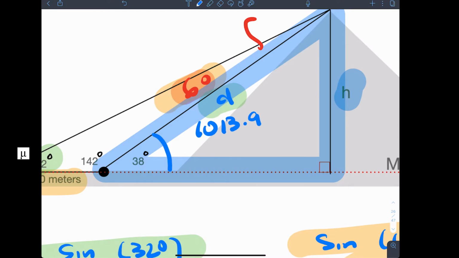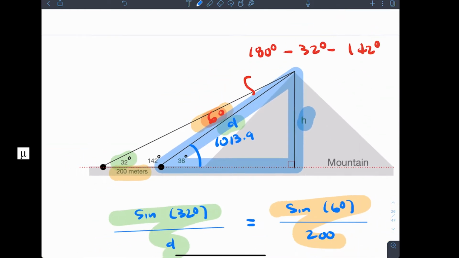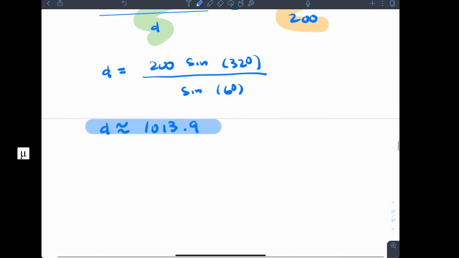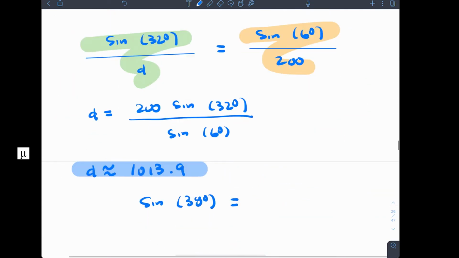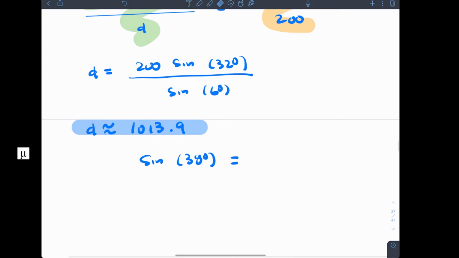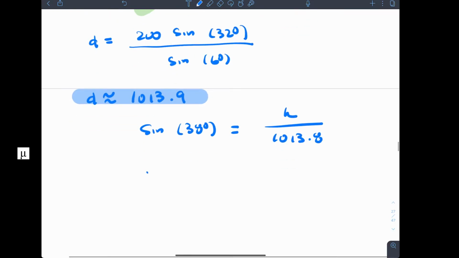Law of sines followed by a right triangle. And then what's the definition again? You're going to say what? Sine 38 degrees. What does that give you? H over what? H over 1013.9.